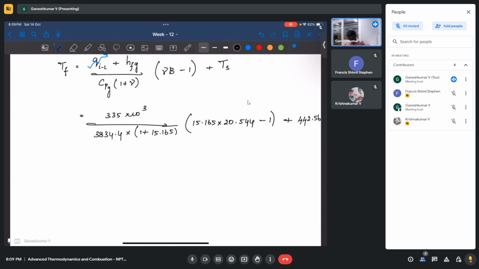So I am getting around 1678.43 plus 442.56, which is around 2120.98. Okay, so we get a flame temperature of around 2121 Kelvin.